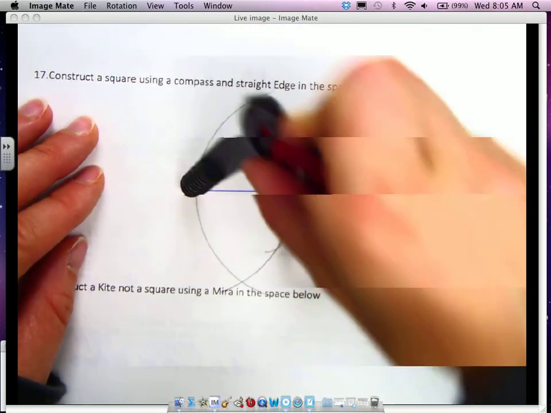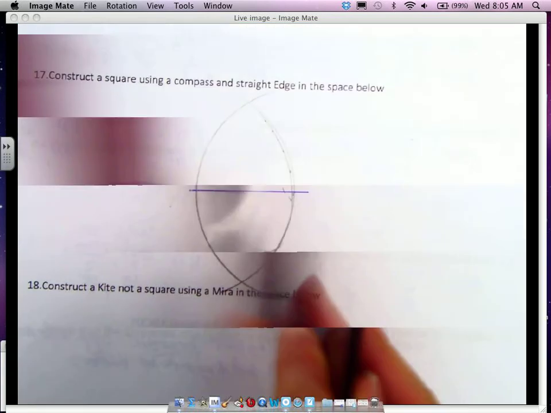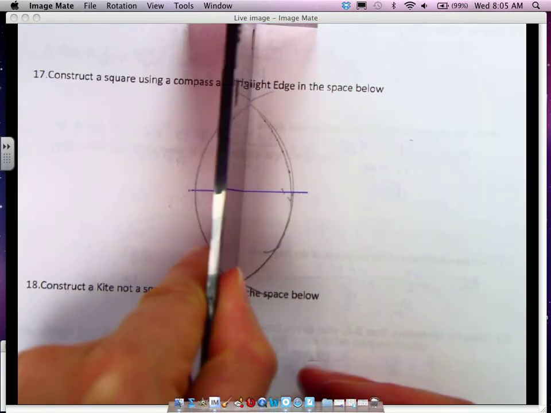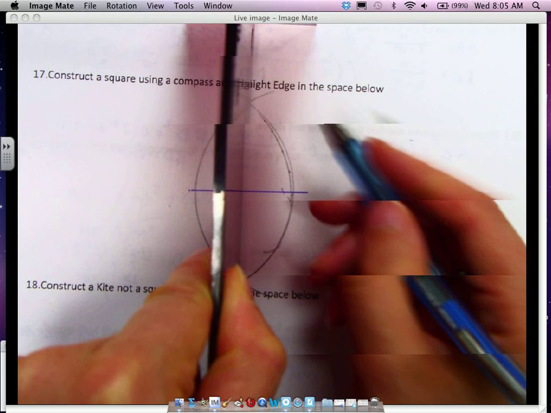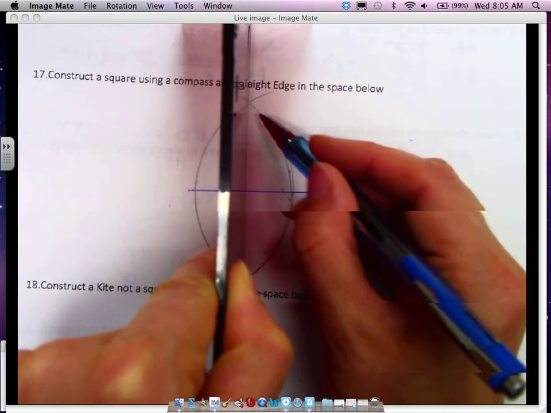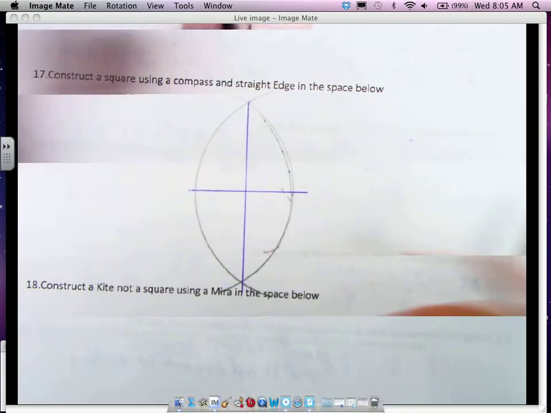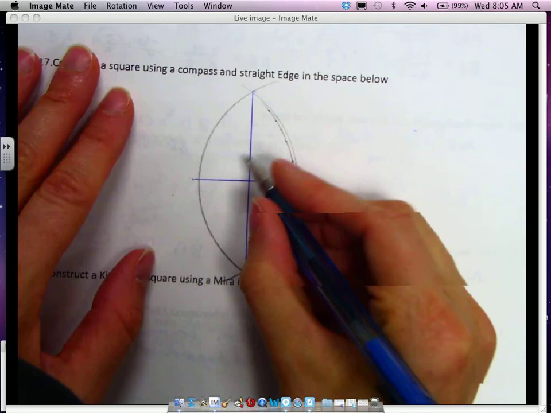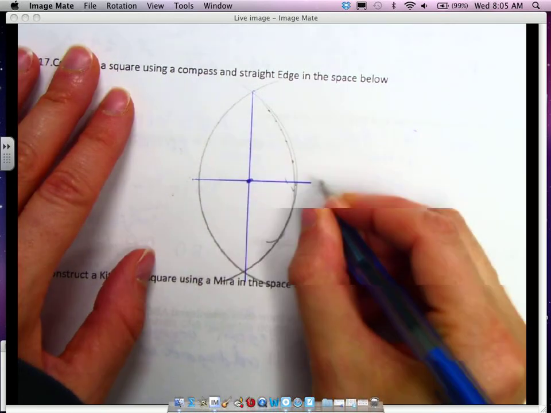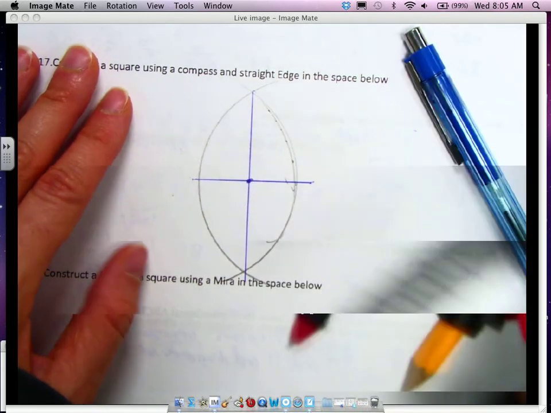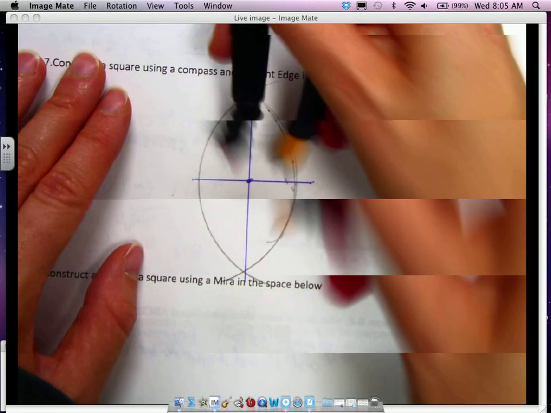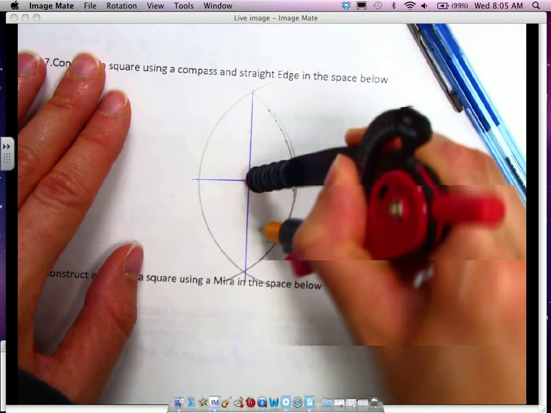Where these 2 arcs intersect, that's where I'm going to draw my line. And I now know that it's perpendicular. Now I'm going to use this intersection as an endpoint, and this is an endpoint. I'm going to go not quite the whole length, and I'm going to draw an arc.